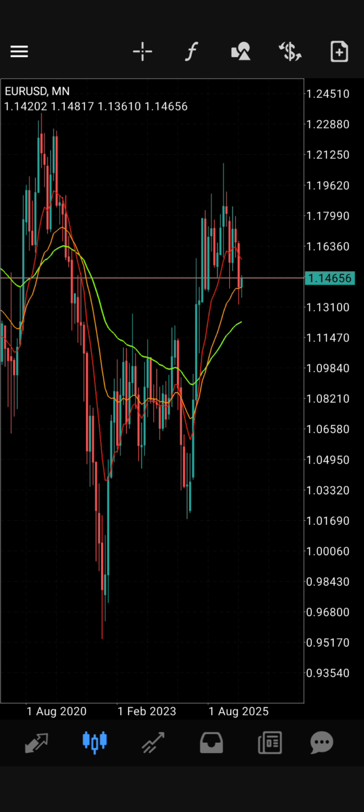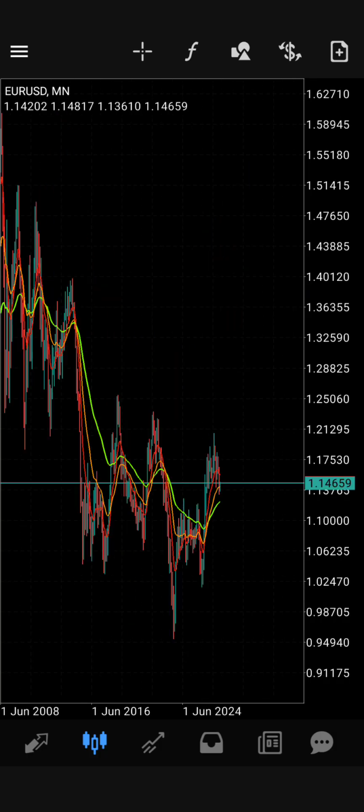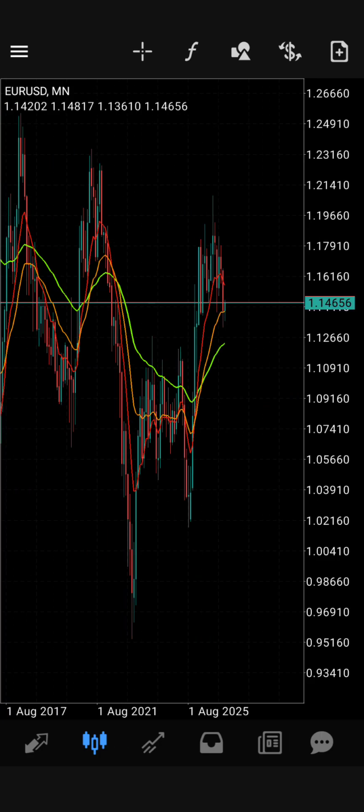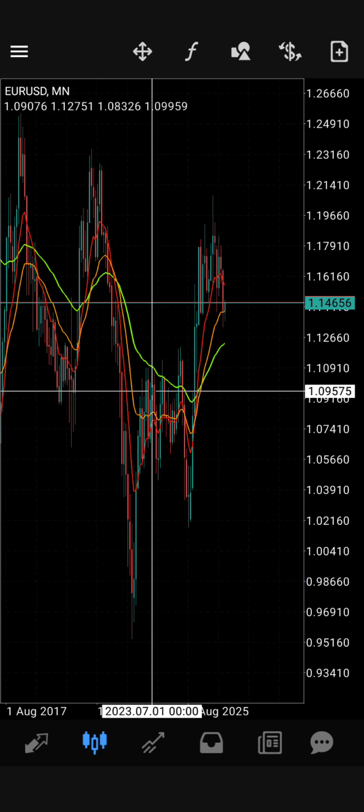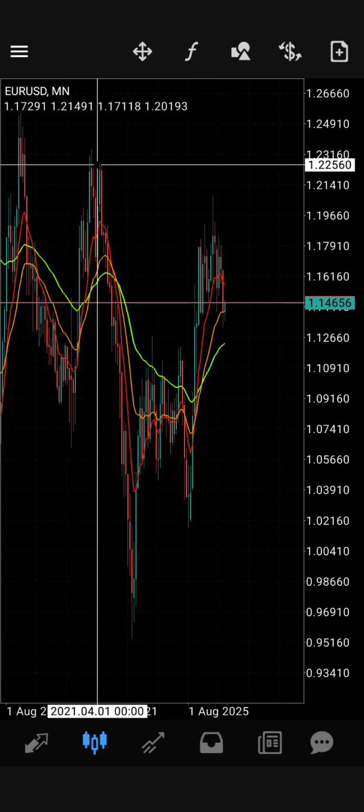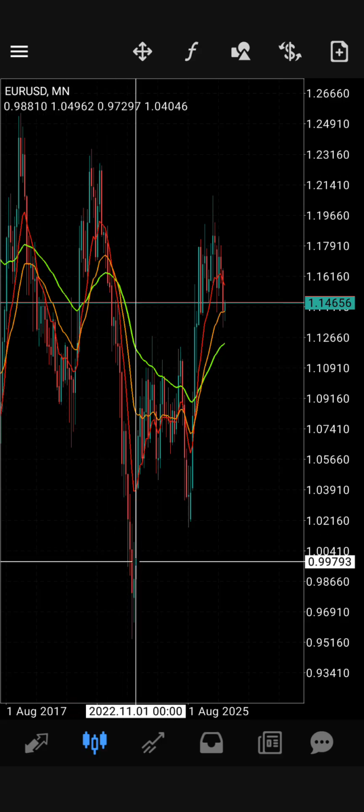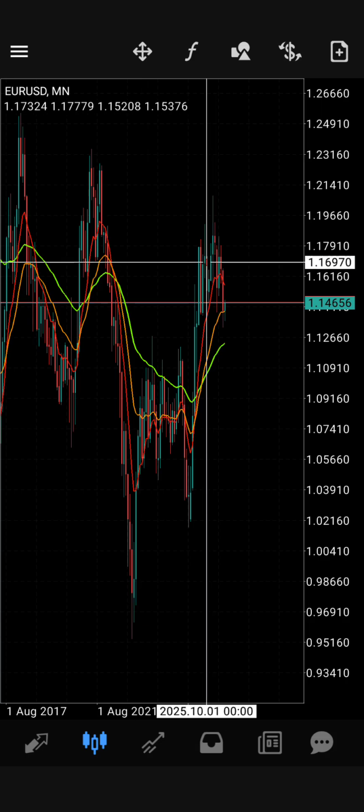So we are on the monthly because we like focusing on the higher time frame. We will be using the monthly as our higher time frame, right? So the monthly is right here. We were getting lower highs and lower lows, and here was our last lower high, lower low, right?